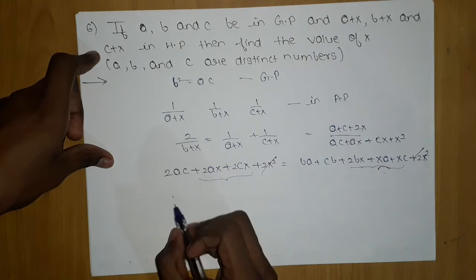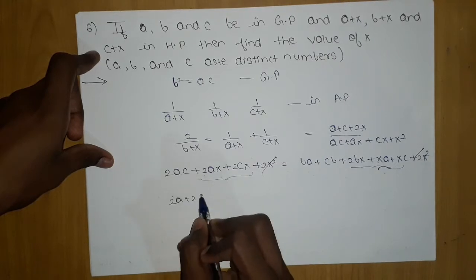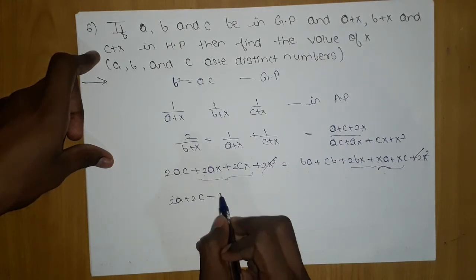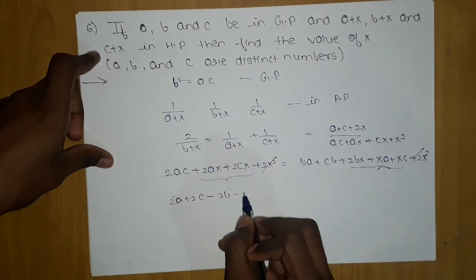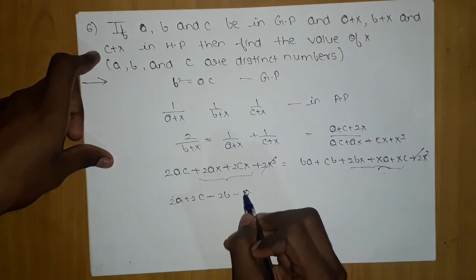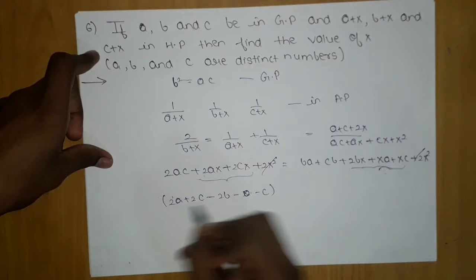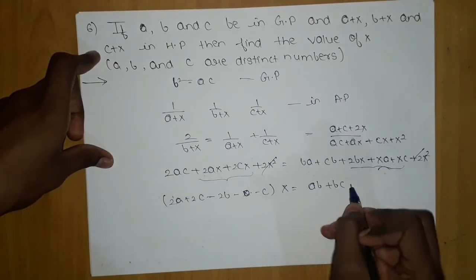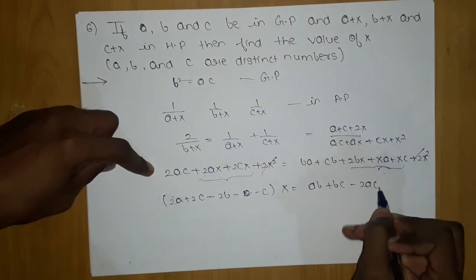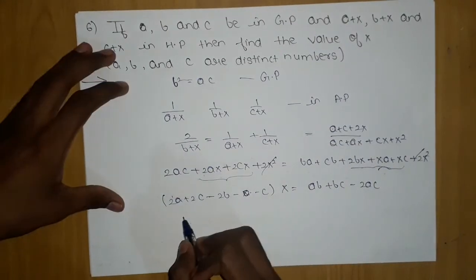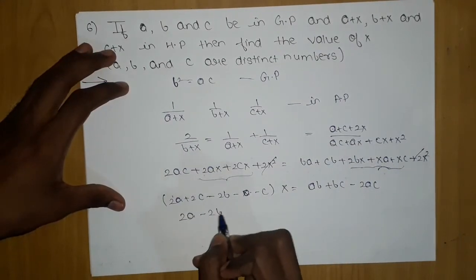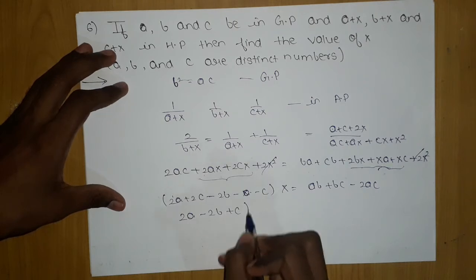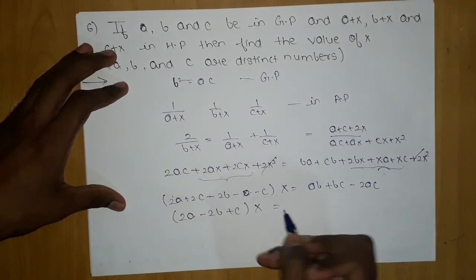So what we have, 2a plus 2c minus 2b minus a minus c, the whole into x. Further on here we have ab plus bc minus 2ac. Now here you can see c will cancel out, which will give me 2a minus 2b plus c into x should be equal to this.